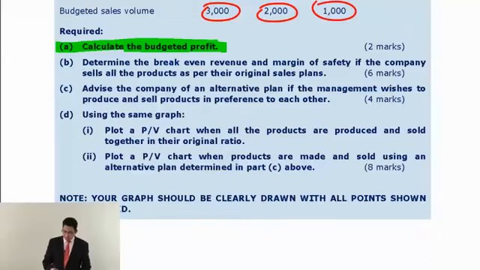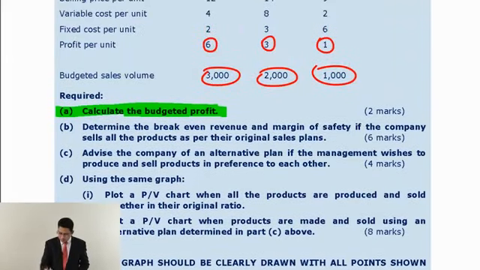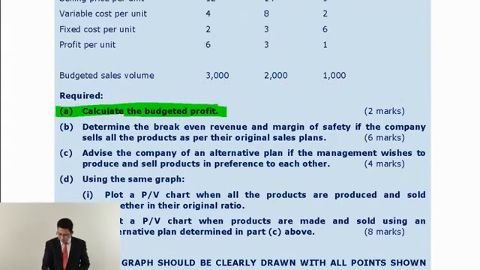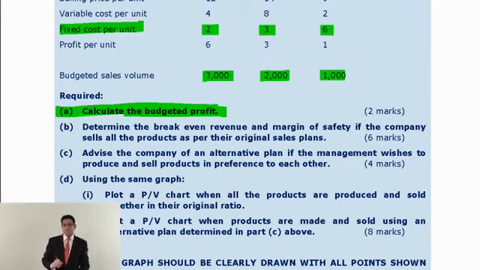If I go back to the question, here is the fixed cost given, but not given in total. It is given per unit. Can we multiply that by the budgeted volume, and we will get the fixed cost in total? So 2, 3 and 6.